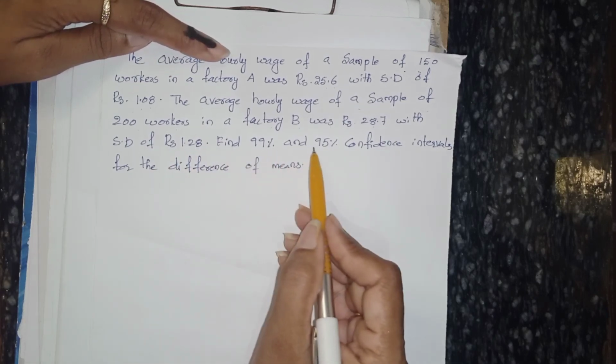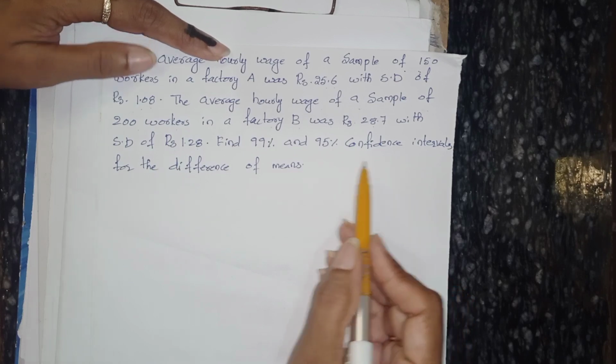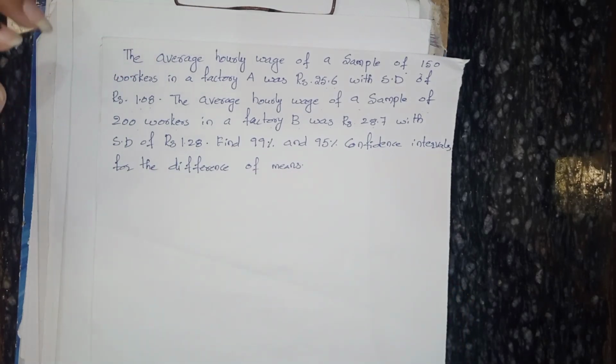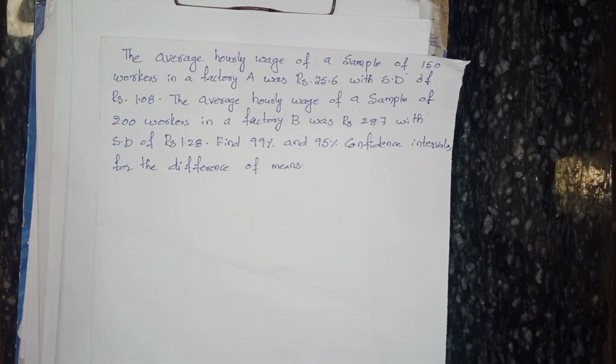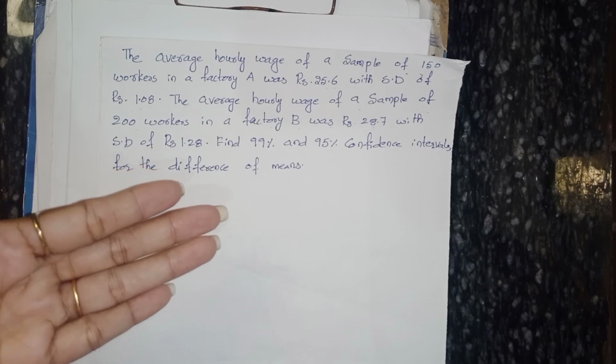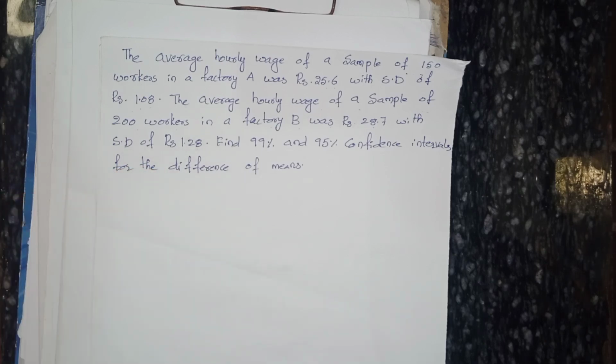Find 99% and 95% confidence intervals for the difference of means. They gave mean values and standard deviations for two samples, and they are asking us to find the confidence intervals, or confidence limits.